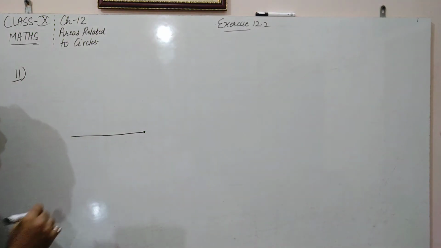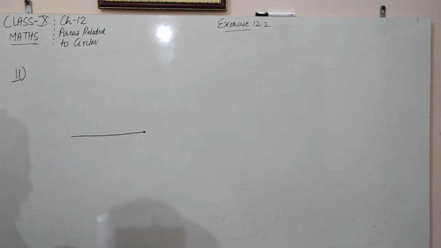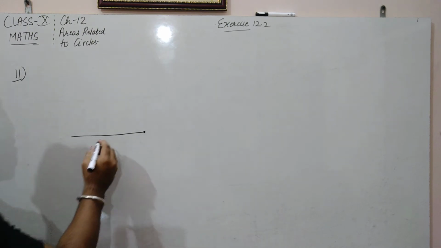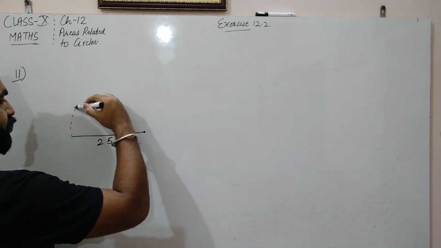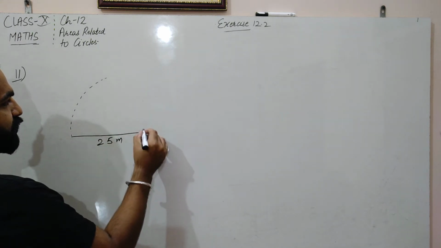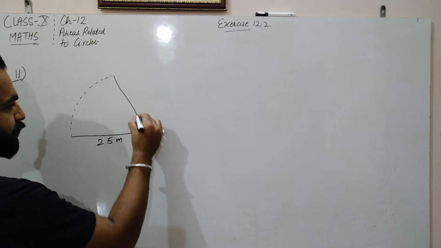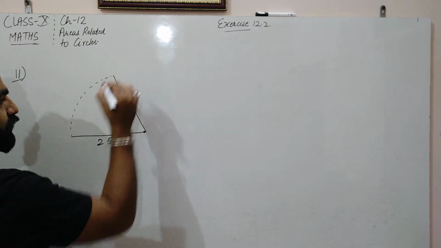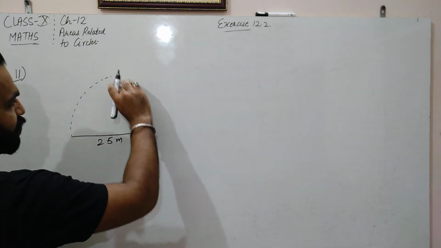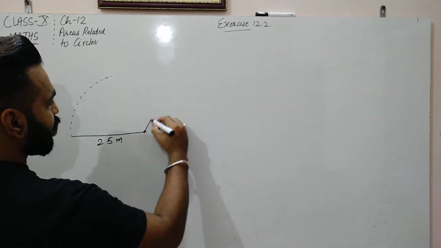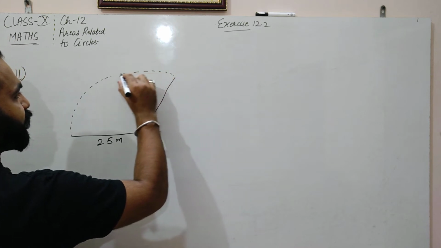Initial position is this, and the length is given. Length is equal to 25 cm. So we know that the wiper of the car will move in this way. So this will form a sector here, and the angle is given. The angle is 115 degrees.